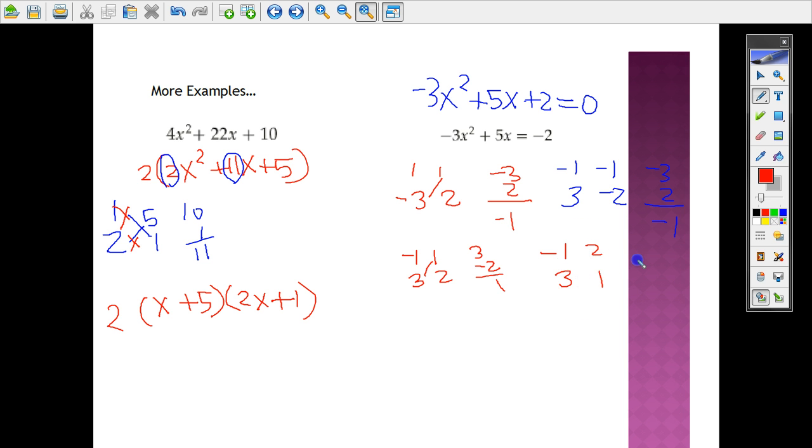Okay, that makes it a 6. That makes it a negative 1. When I add it, makes it 5. Perfect. Here's what we need. Just add the x and x here. Okay. That means when factored, you have negative x plus 2 and 3x plus 1. Okay. And that's your final factored form.